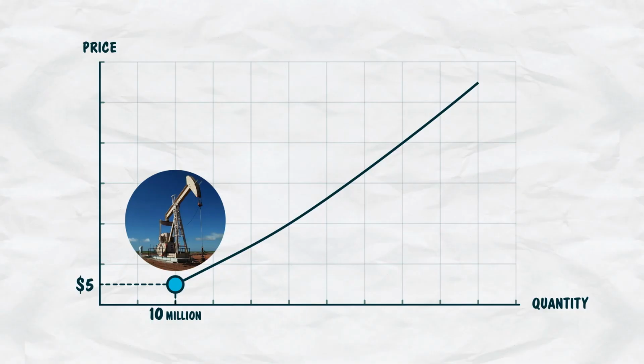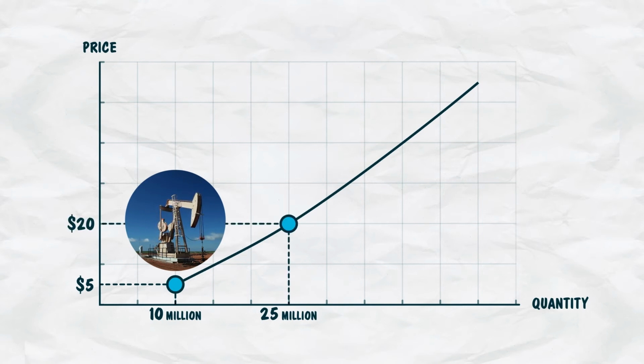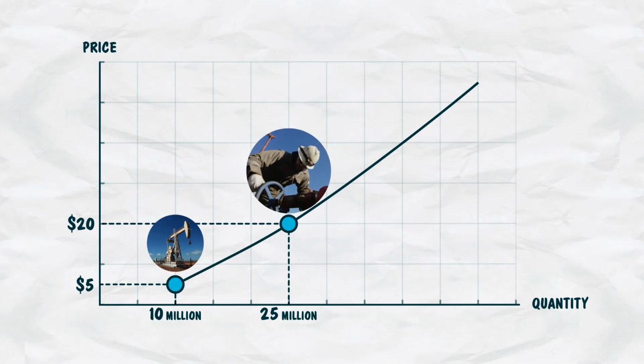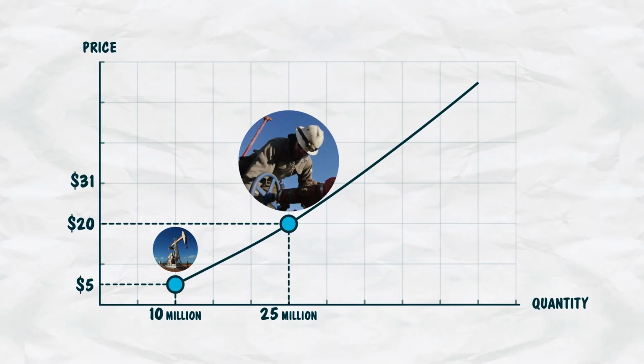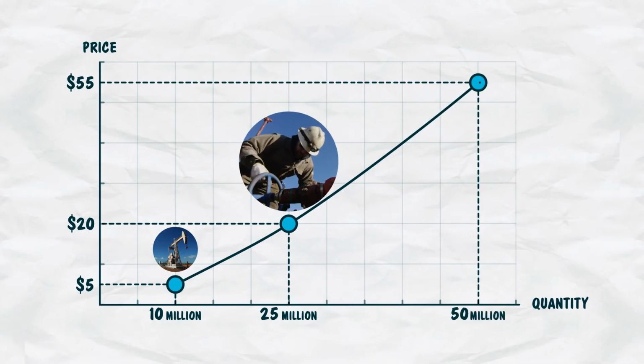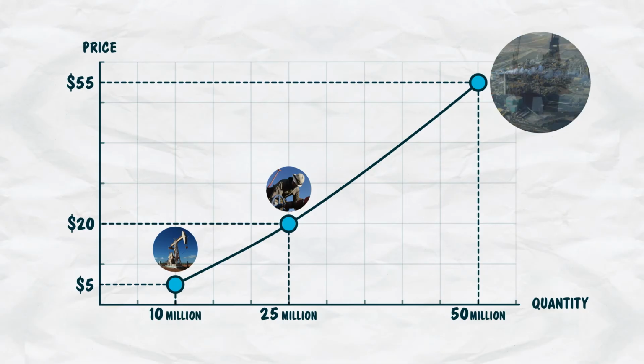In order to get suppliers to be willing and able to produce more, the price has to rise so that it becomes profitable to extract oil from deeper wells or more difficult places in the world. At a high market price, suppliers will pay the high cost to extract oil from the tar sands of Canada, for example, or to use deep water rigs in the depths of the ocean.